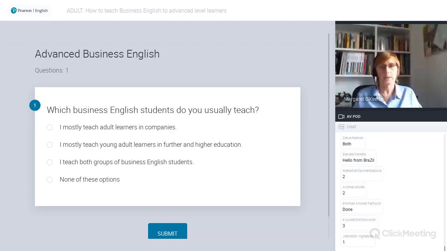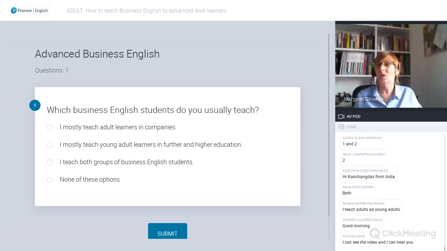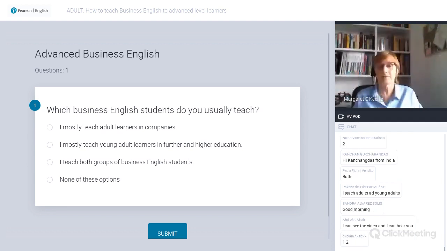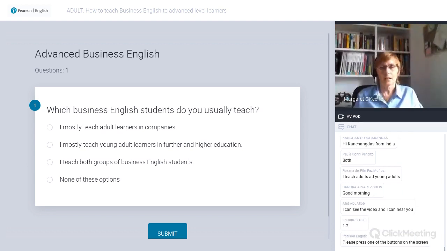Okay, so at the moment, it looks like most of you, the highest number is 16% so far, are teaching young adult learners in further and higher education. Then the next group is teaching, 10% so far, are teaching adult learners in companies. That could be one-to-one classes, small group classes, intensive classes.